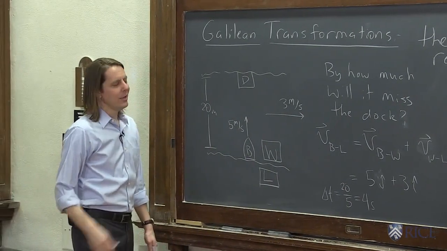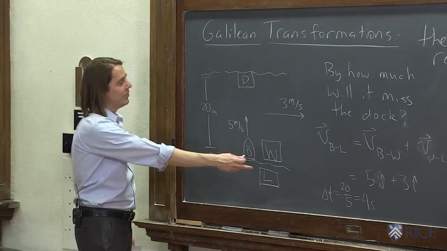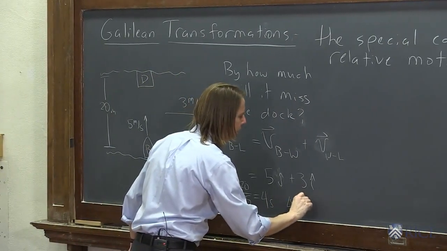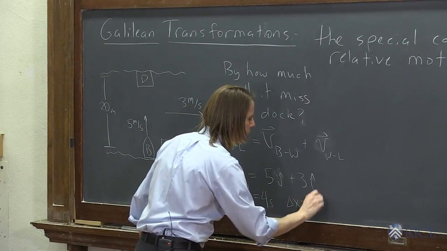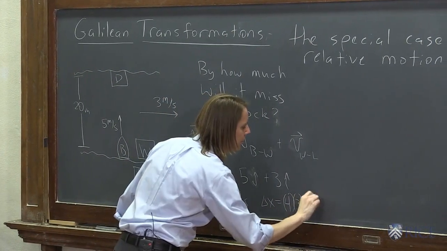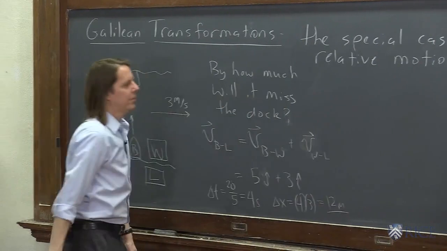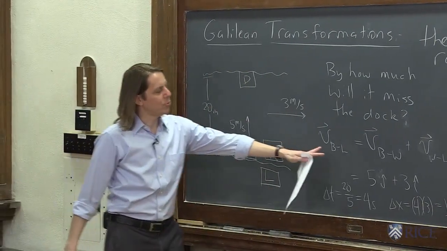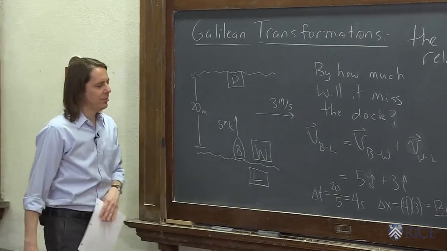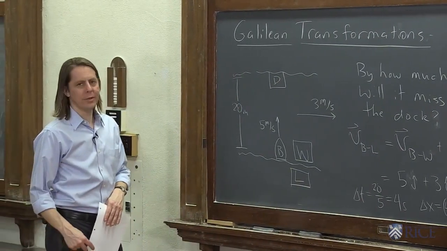So there's your y part. And then your x part is simply 4 seconds going 3 meters per second. So it's going to miss by 12 meters. 4 times 3 equals 12 meters. So we set it up with a little relative motion, but we really didn't need it that badly. You could almost just do that one with two kinematics problems. Pretty much what we did.